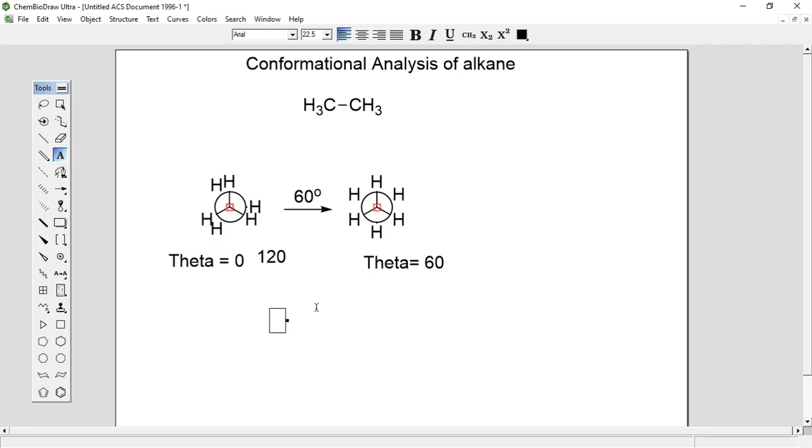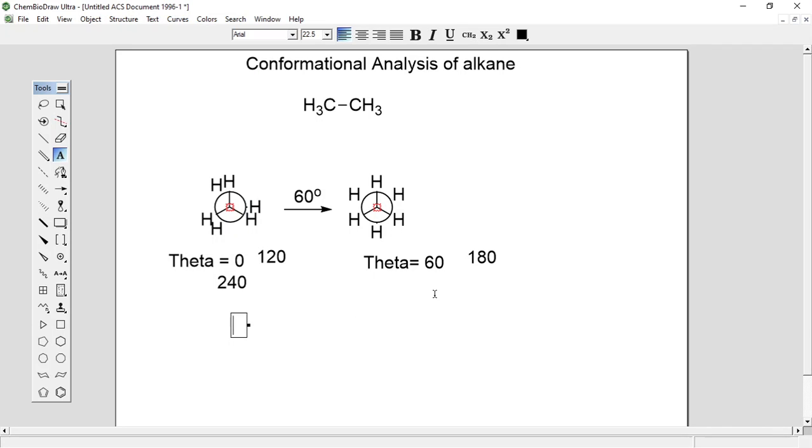Again, when you rotate this eclipsed conformation by 60 degrees, at 180 degrees you will get the staggered conformation. Again, when you rotate by 60 degrees, at 240 you will get the eclipsed conformation.